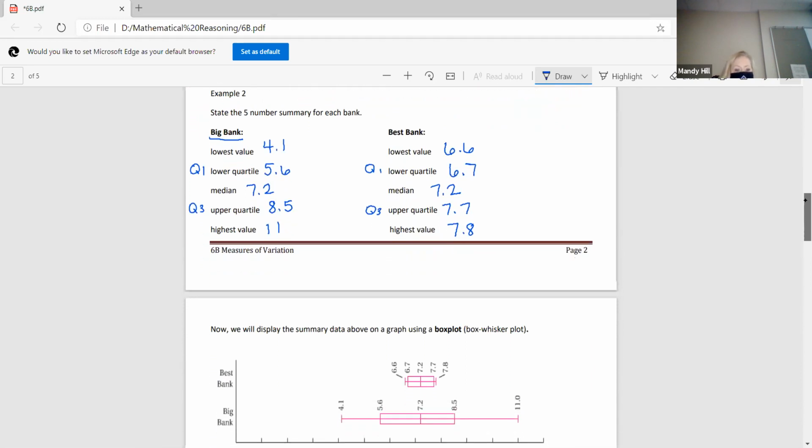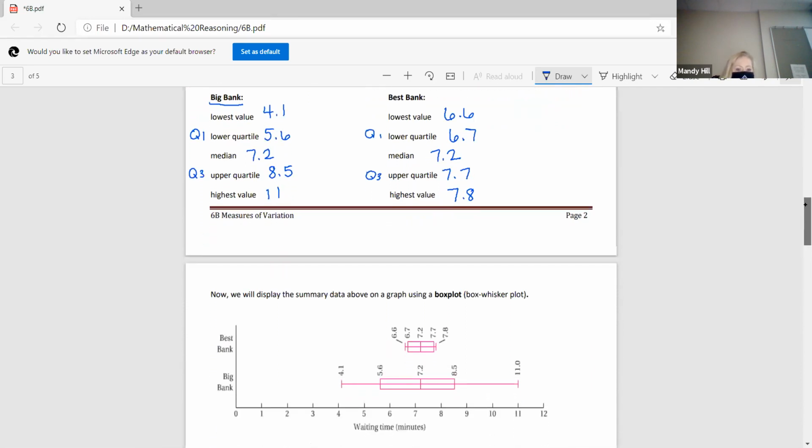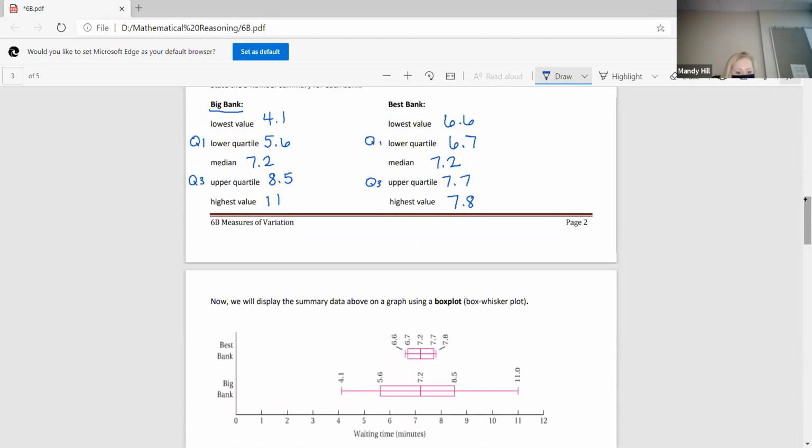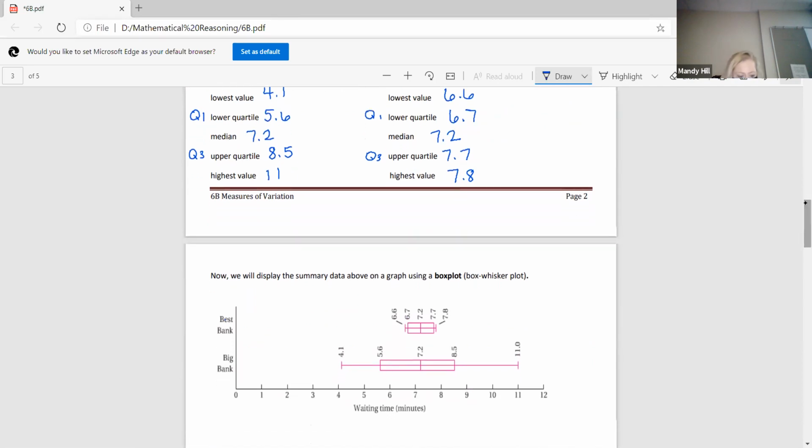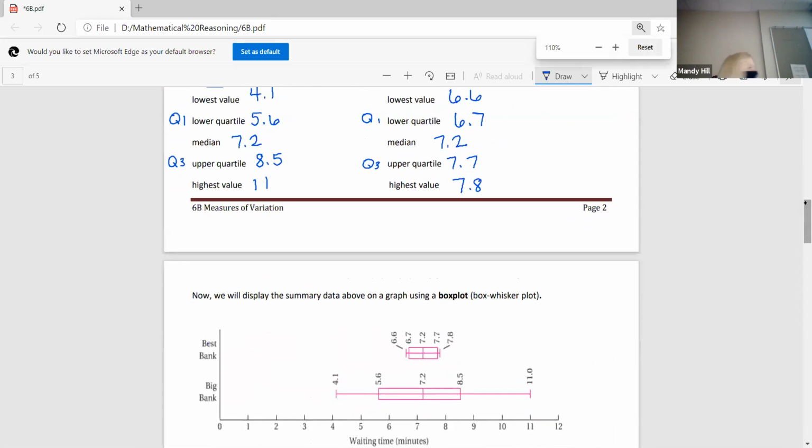So what they've done to make this thing that looks like a box and whiskers is, it didn't matter which one they put on the top or the bottom, but we've got Best Bank and Big Bank. Let me see if I can raise it up a little higher on the screen. They could have switched these, but they needed to label one Best Bank and one Big Bank.